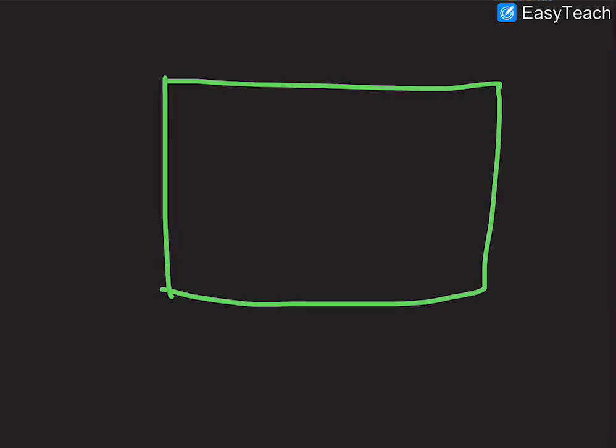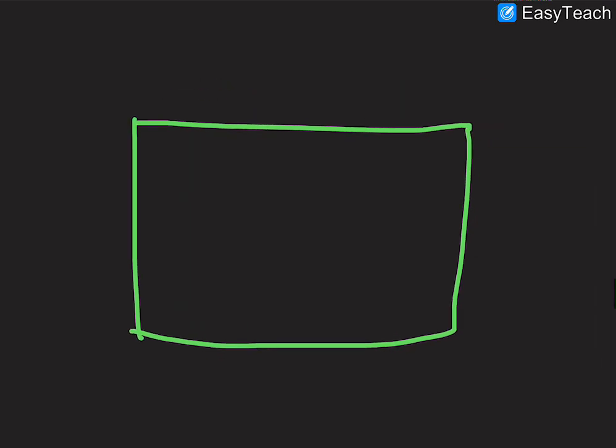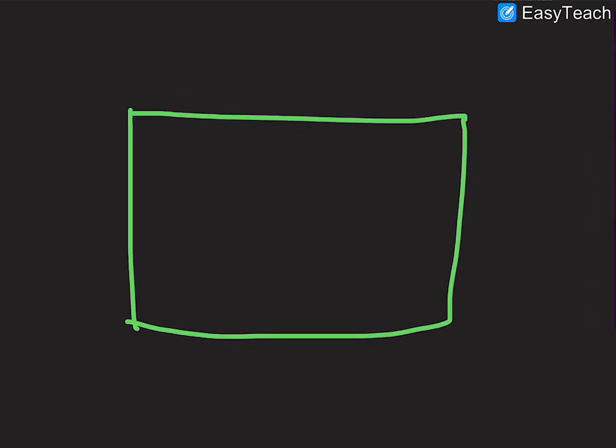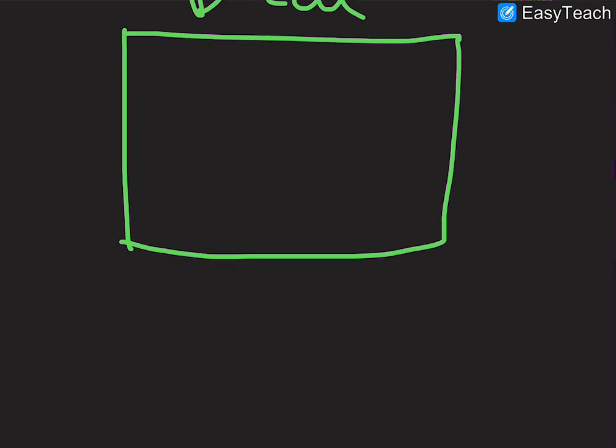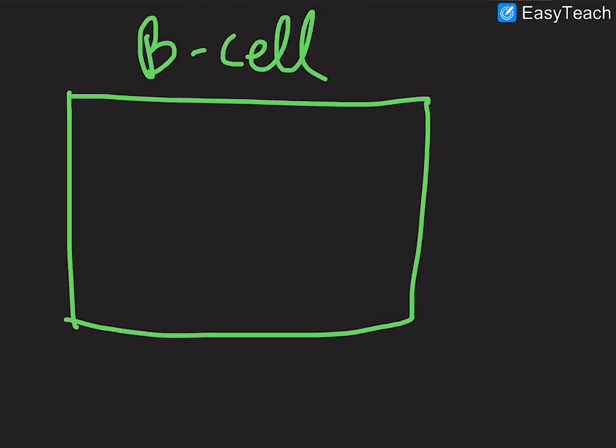Okay, so first of all, let's just review basic physiology for insulin production, right? So we already have a video on this, but in a simple explanation, you have your pancreas, inside your pancreas you have your islets of Langerhans, and then you have your beta cells. So let's say this is a beta cell inside your pancreas. Now the beta cell detects high blood glucose.